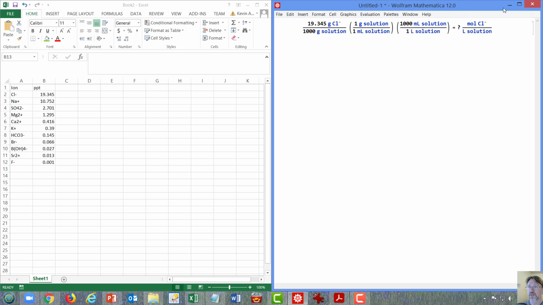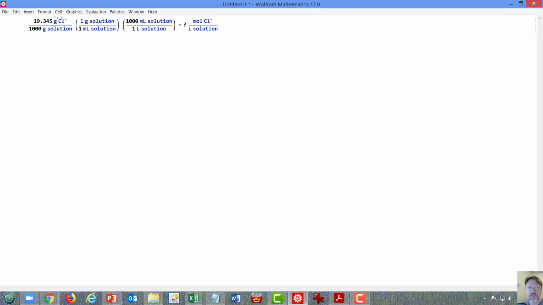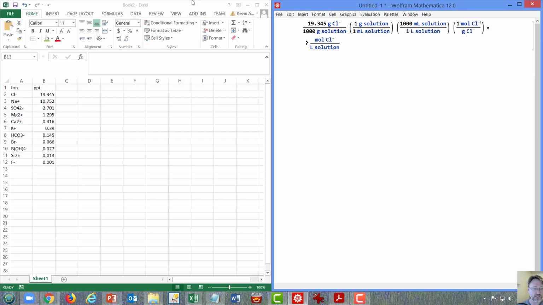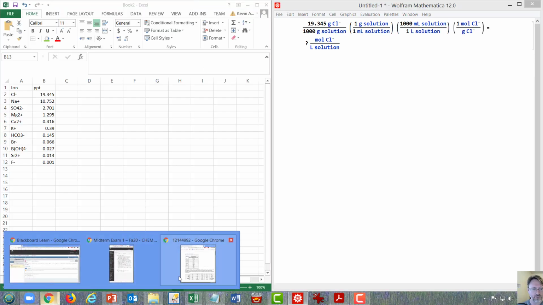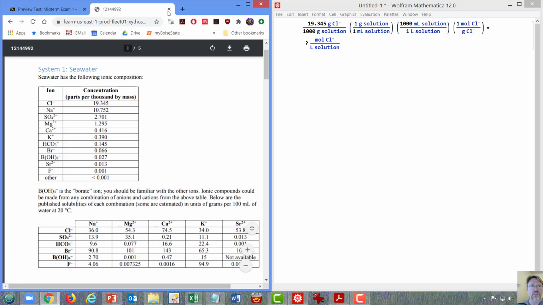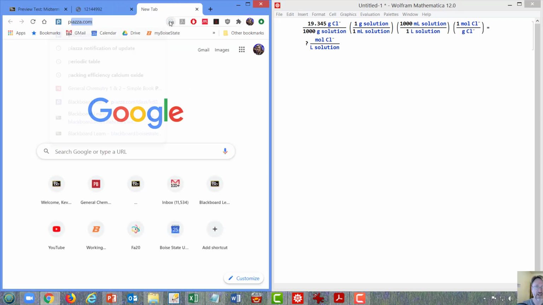Okay. Now we need to get from grams of chloride to moles of chloride. Hopefully you know you use the molar mass to do that. So we need to have grams of the chloride ion down here, and we need to have 1 mole of the chloride ion up here. So we need to know the molar mass of chloride. Well, let's bring up a periodic table.